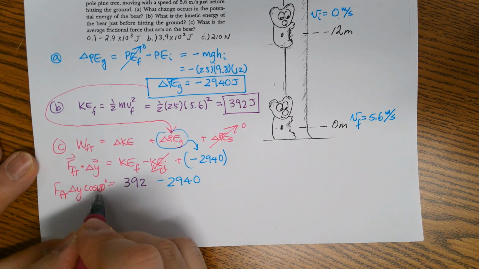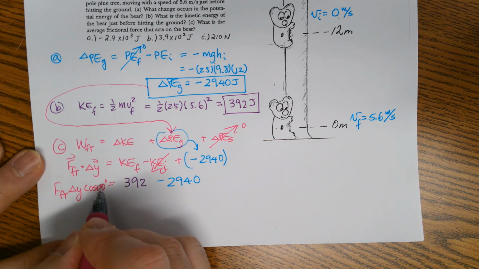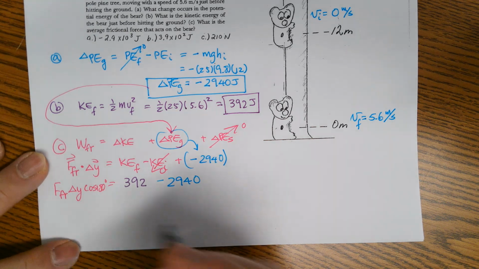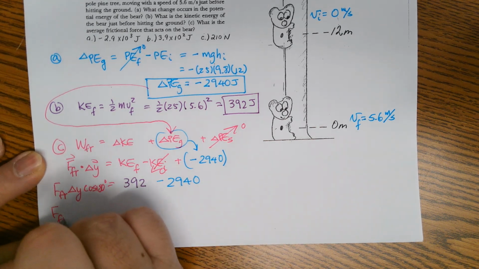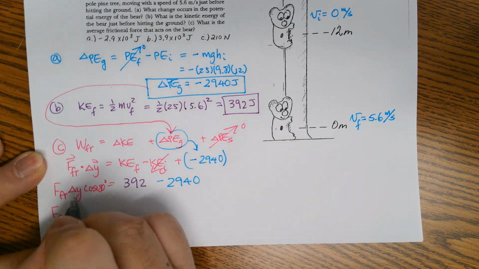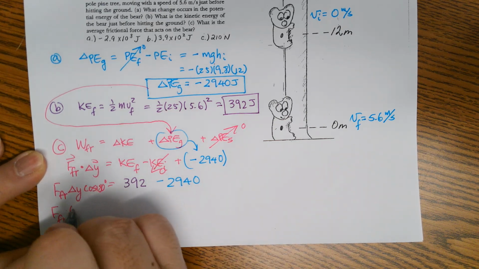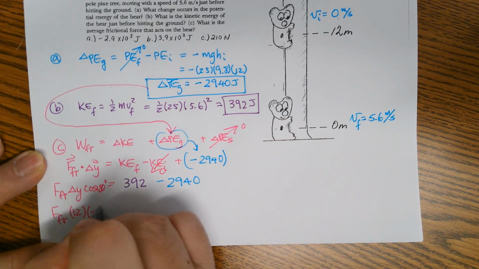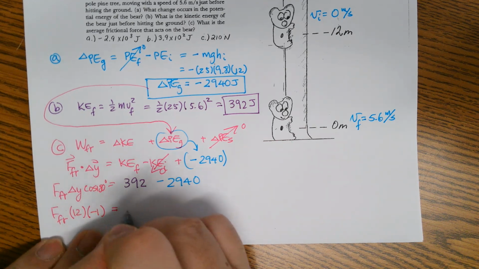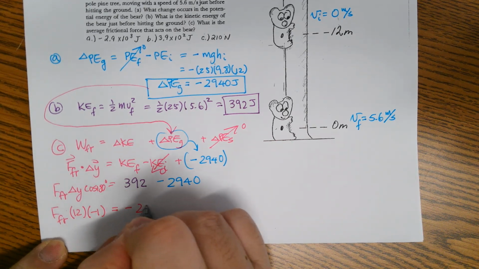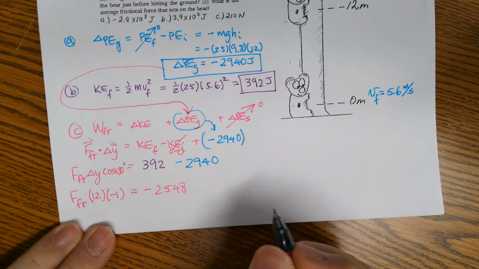Cosine of 180 is negative 1, so F friction times 12 meters times negative 1 is equal to negative 2548.